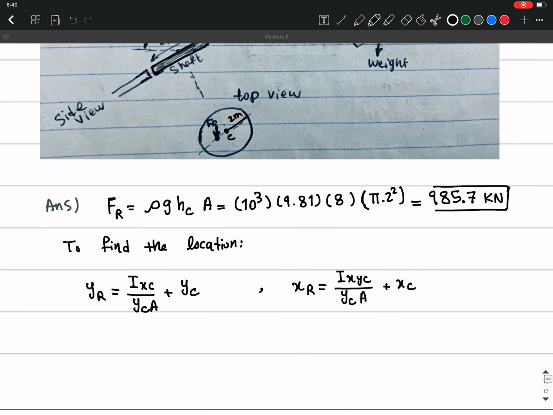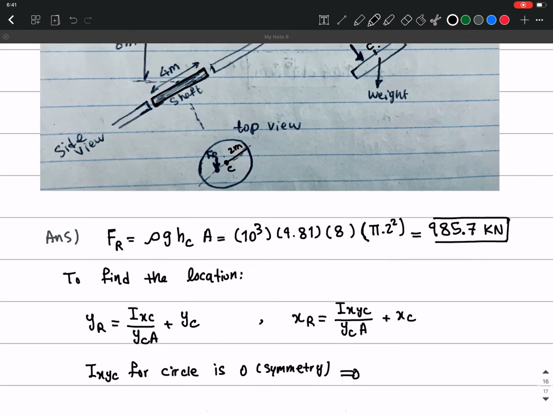So we have to calculate this formula, which is the moment of inertia Ixyc of the centroid over yc A, plus xc. And because Ixyc for a circle is 0, because of symmetry.